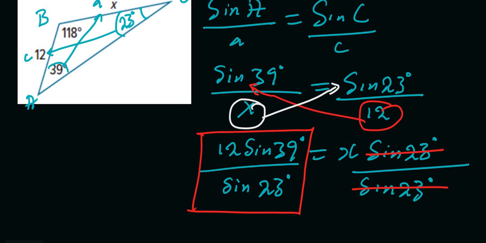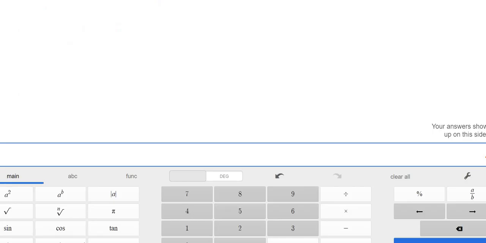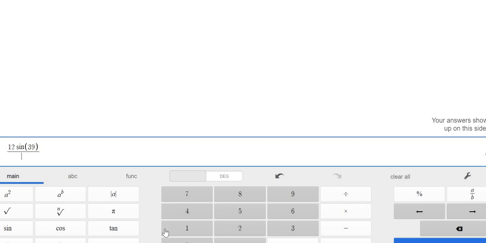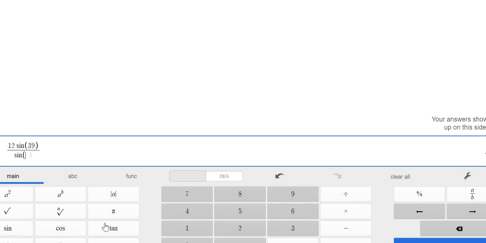Okay, all right, so this will be 12 sine 39 divided by sine 23, and that gives us 19.39747135.